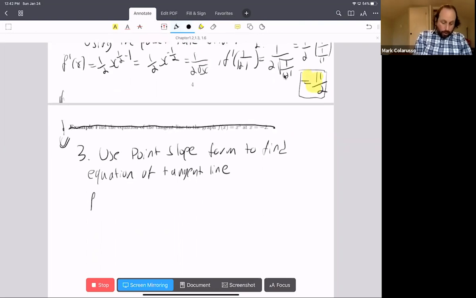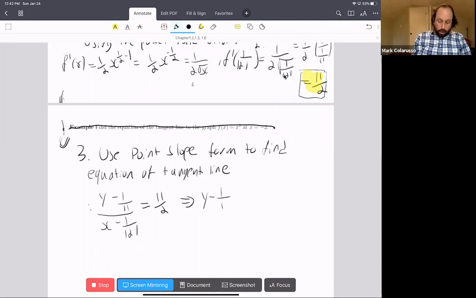And so we have y minus 1/11 over x minus 1/121 equals 11/2. So y minus 1/11 equals 11/2 times x minus 1/121.